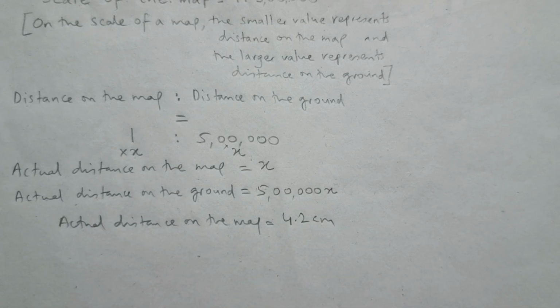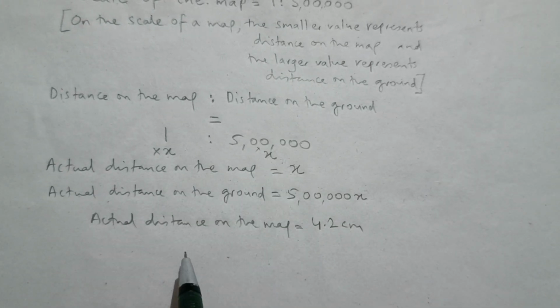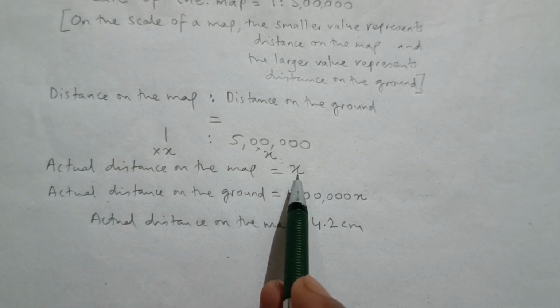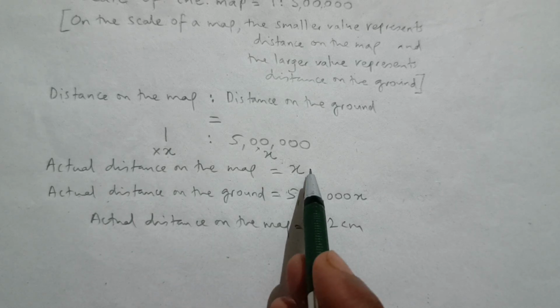But over here I have written that actual distance on the map is x. So I am saying that actual distance on the map is equal to x, and over here I am saying that actual distance on the map is 4.2 centimeter.